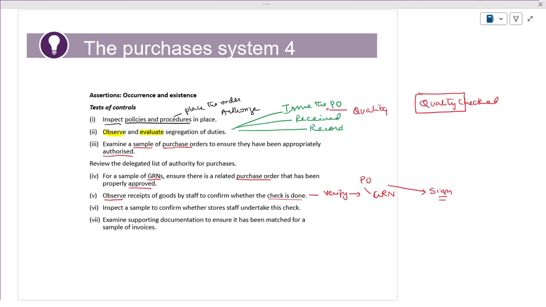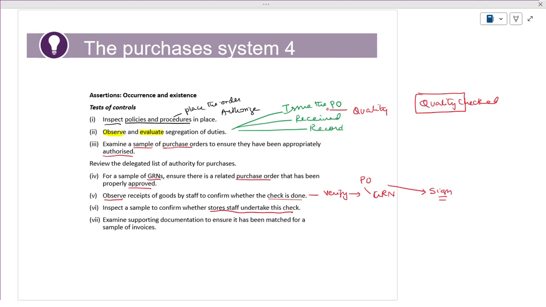Inspect a sample to confirm store staff undertake this check. Not only are we talking about the purchase clerk, okay? The purchase clerk has done this, and the stores inventory should also say, I have received the purchases. This is what happens in every company. You go to the inventory, you are taking some inventory, even stationery. When you are taking stationery, there is a request form.